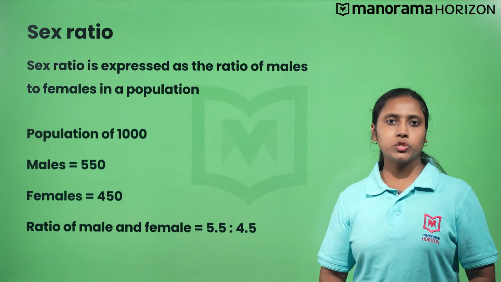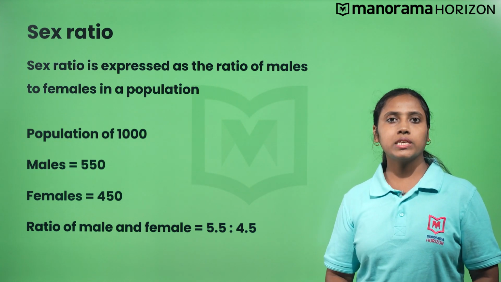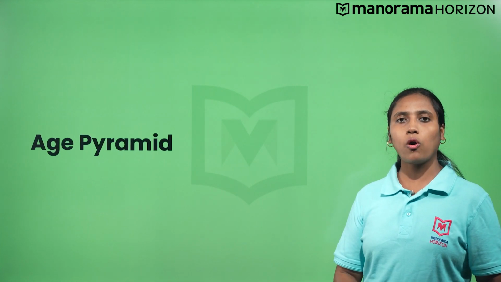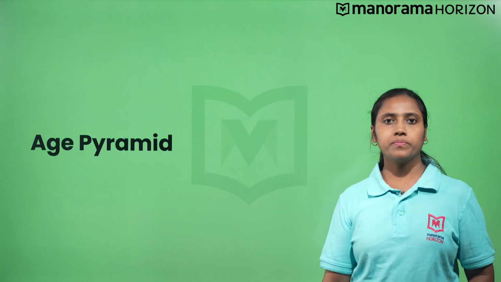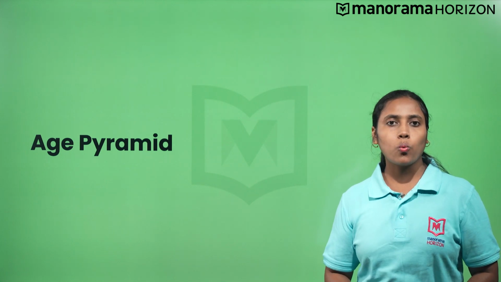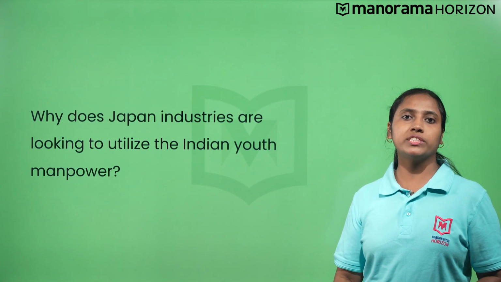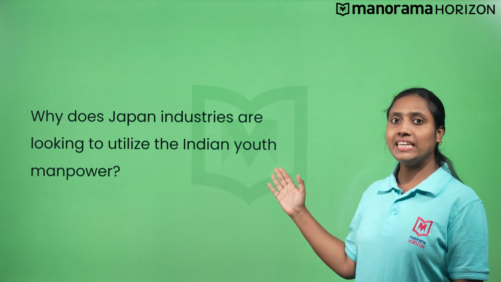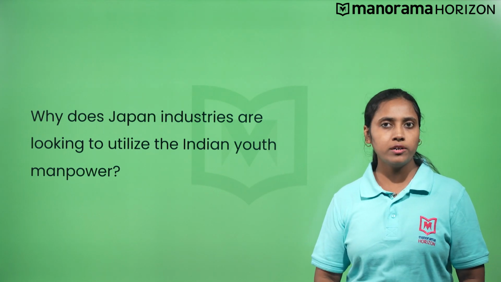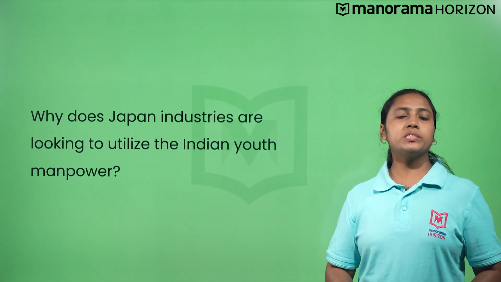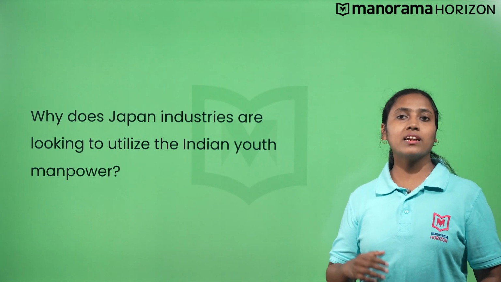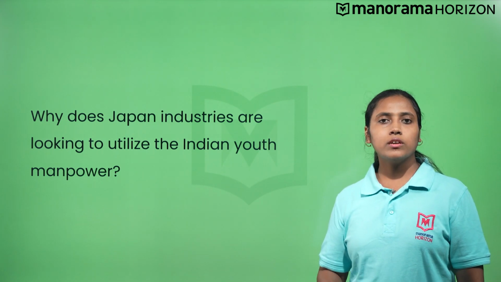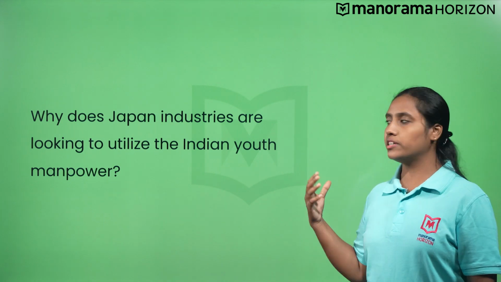Now that you understood what sex ratio is, we'll see the structure of age pyramids. Have you ever thought why Japanese industries are looking to utilize Indian youth as manpower? It is because Japan has a declining age pyramid. So what does age pyramid mean?